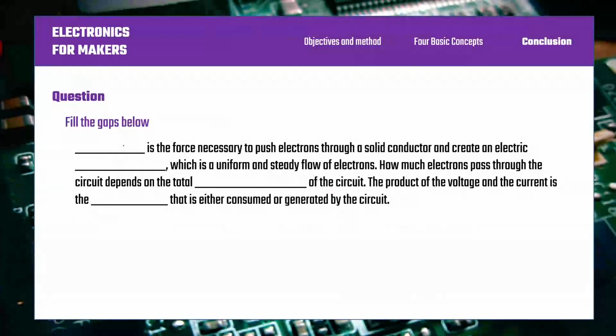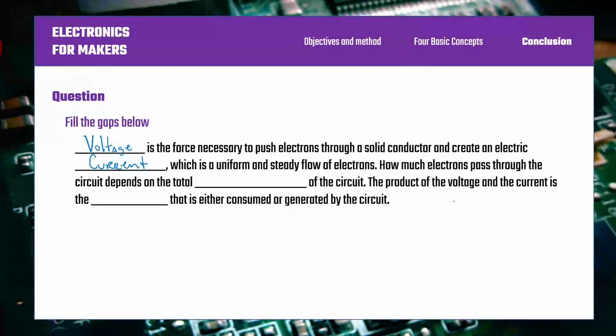So the force necessary to push electrons through a solid conductor is the voltage. And these electrons flowing through the conductor create an electric current, which is a uniform and steady flow of electrons. It's orderly.